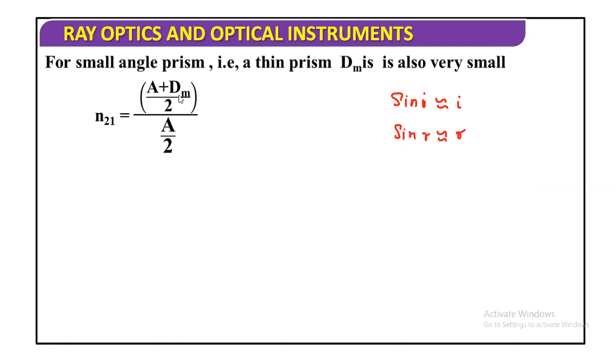So N21, the refractive index of the prism, is equal to (A plus dm) by 2 divided by A by 2. By rearranging and cancelling the two from both sides, what is left is N21.